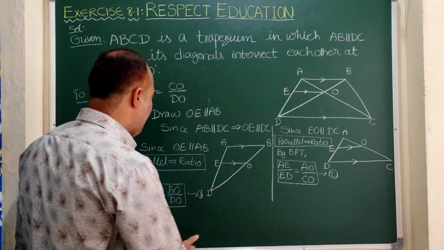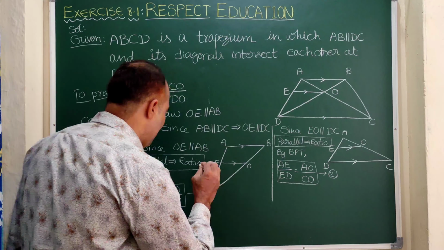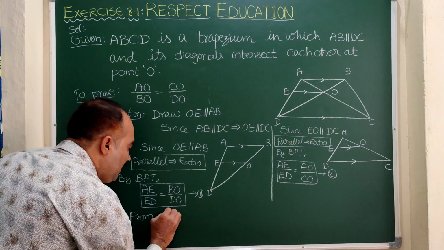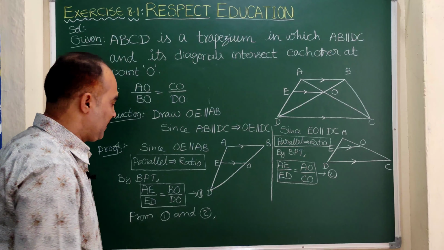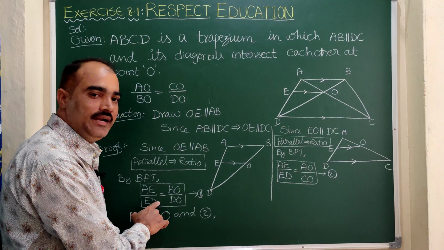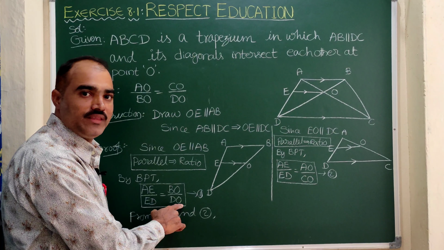Now here let us compare equation 1 and equation 2. So from 1 and 2 we get that. Here you see the first one says that AE by ED is equal to BO by DO.